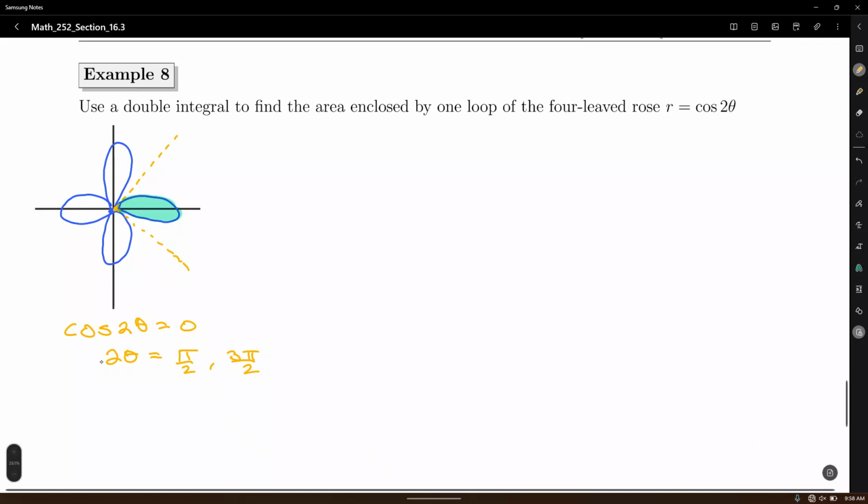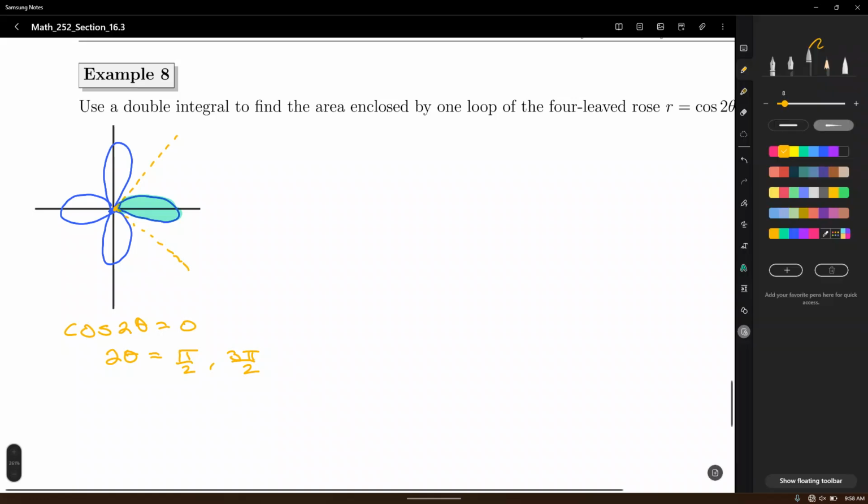But in this case, I need to know theta, not 2 theta. So what I'm going to do here is multiply both sides by a half. That is, theta equals pi over 2 times a half, that's pi over 4. 3 pi over 2 times a half, that's 3 pi over 4. But the thing here is that this 3 pi over 4 is really this ray right here.